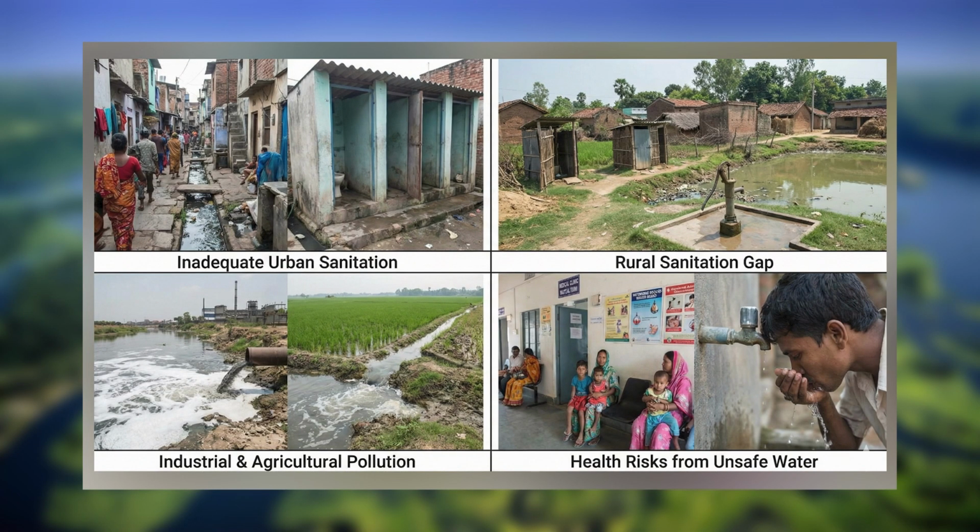Another major concern is inadequate sanitation infrastructure. Many rural areas and urban slums still lack proper toilets and sewage systems, making it difficult to achieve universal sanitation coverage. Water quality is also under threat due to pollution from industries, agricultural runoff, and poor waste disposal practices. In several regions, polluted water sources limit access to safe drinking water, posing serious health risks.